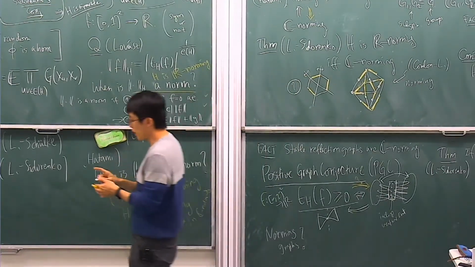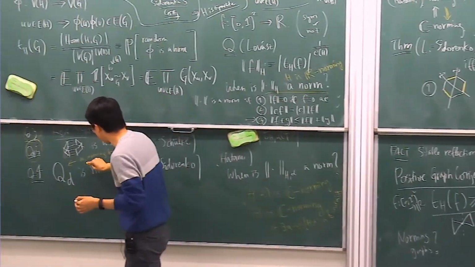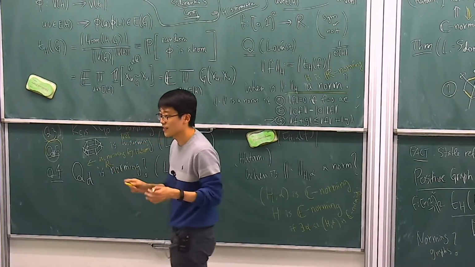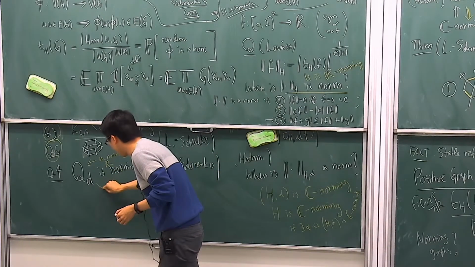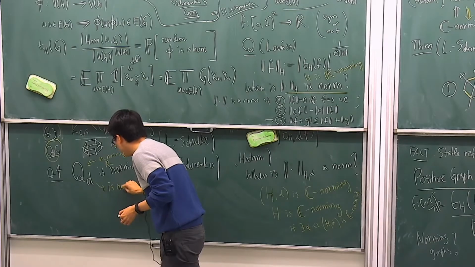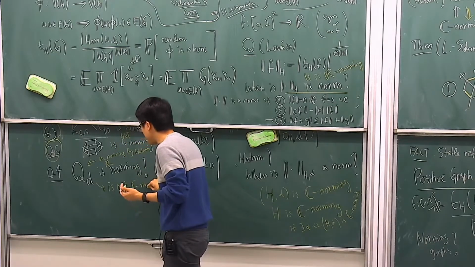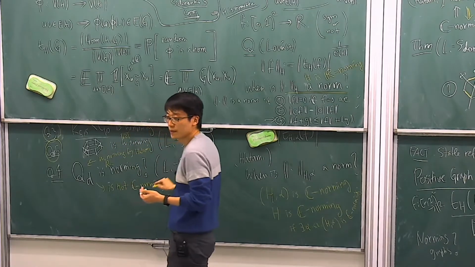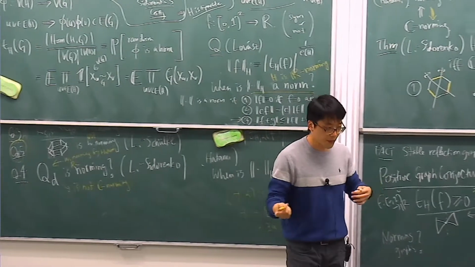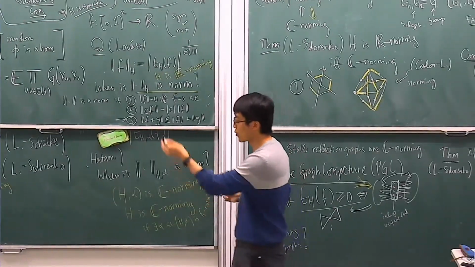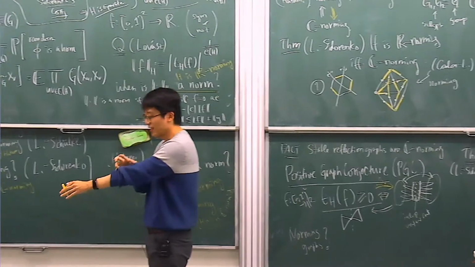The question was about real norming, but these are the same. We proved that this is not complex norming, and hence is not real norming. So this is a beautiful indirect way to answer this question, right?